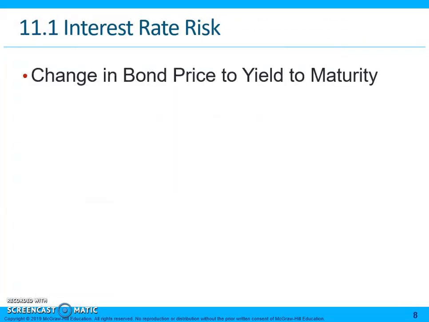So interest rate risk: change in bond price relative to yield to maturity. How quickly does the price change relative to a change in yield? We can use duration to approximate that calculation.